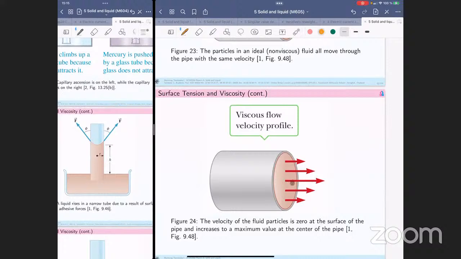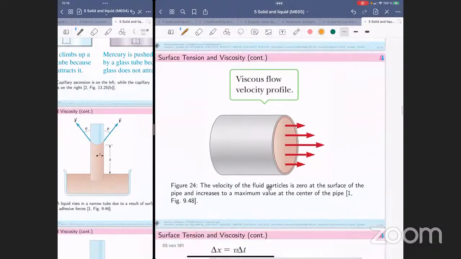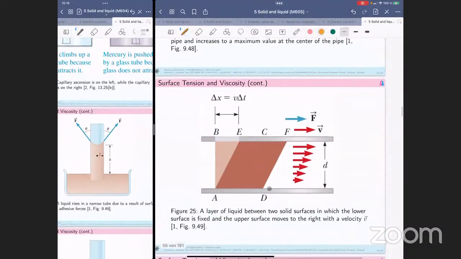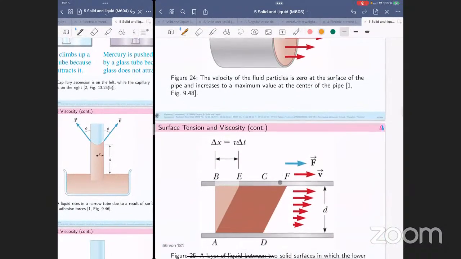At the center we have less friction, so that's why we have the highest velocity or speed here. The velocity profile is going to be small, then larger, and maximal at the center and small at the border.